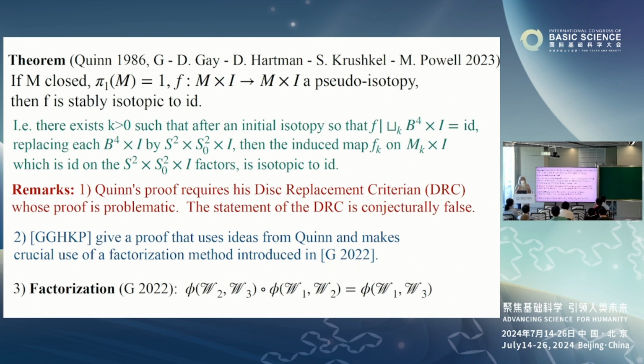Remember, in Frank Quinn's middle level, the data is determined by 2 sets of Whitney disks. So 2 sets of Whitney disks is enough to get a diffeomorphism.